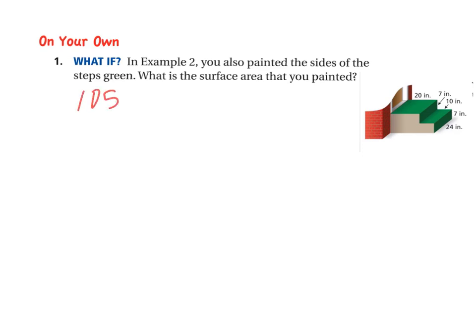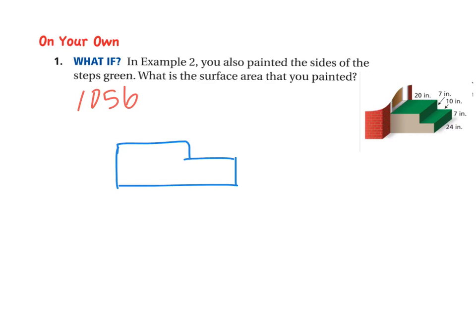So we had 1056. But now we have also painted, you see I grabbed this picture, we painted this portion of the steps green. So let's break these into two pieces. If I were to draw this shape, roughly, bottom step, top step, doesn't have to be perfect, okay?